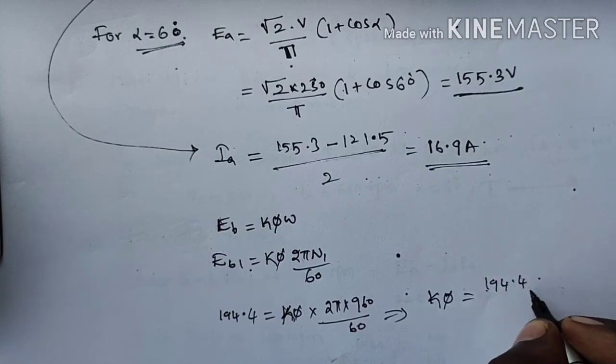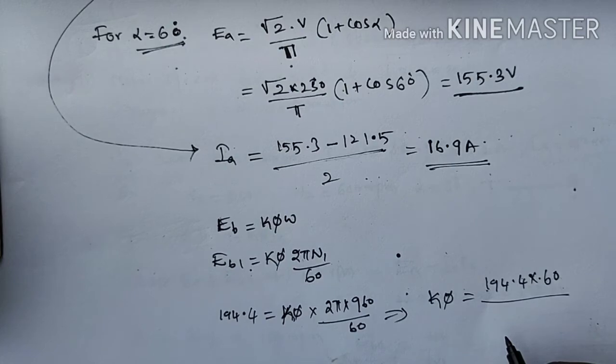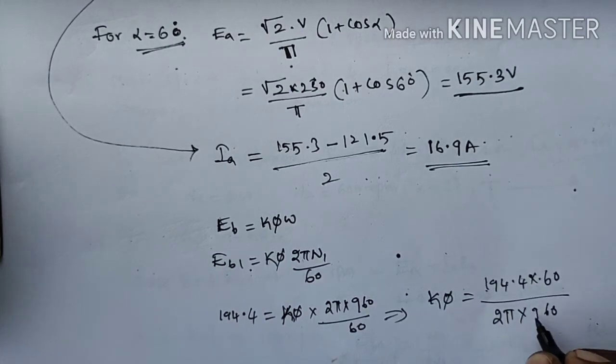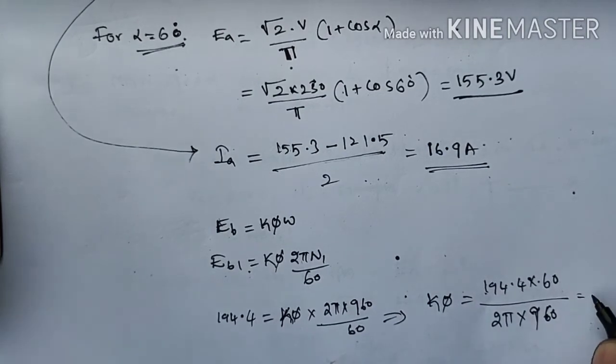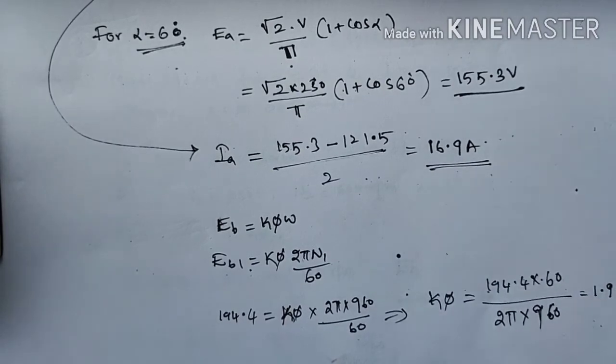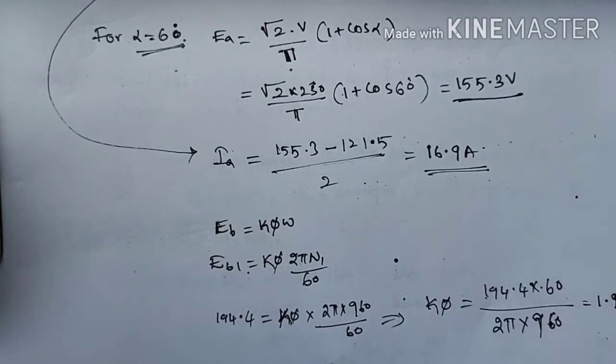K phi is equal to 194.4 into 60 by 2 pi into 960. So you will get the answer as 1.93 volt per radian per second.